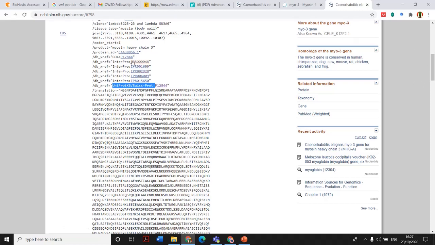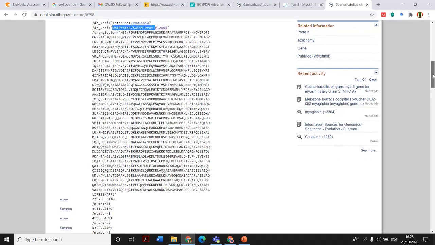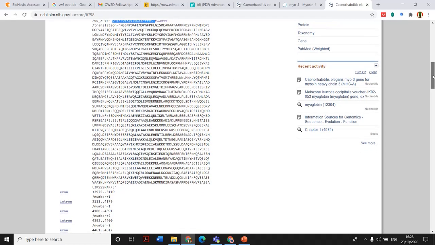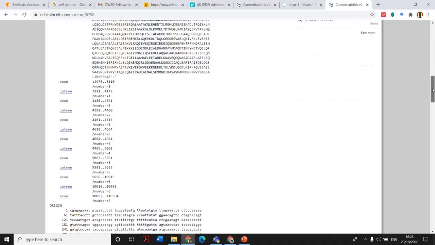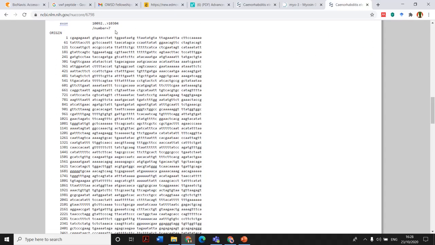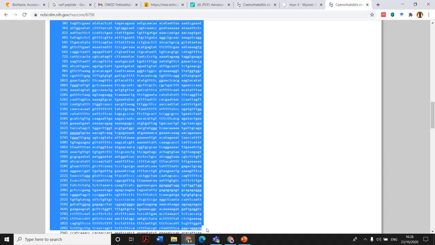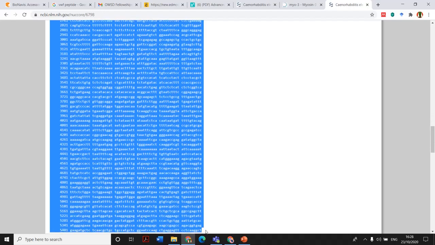And not only that, it's nicely cross-referenced. For example, NCBI will give you a reference number for a different database, that is UniProt or SwissProt and stuff like that. So if you're looking for a particular protein and you want to say, okay, this is a very common protein, I want to figure out the primary sequence, here you go. Nice enough of them to also put in the base pair sequence or the nucleotide sequence.